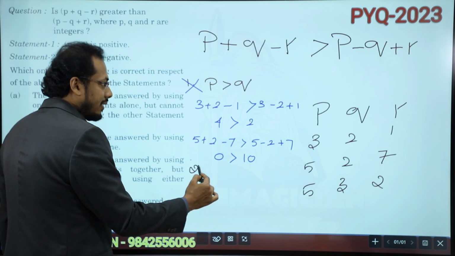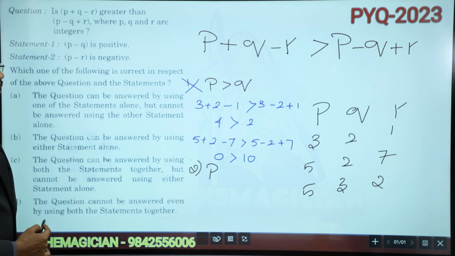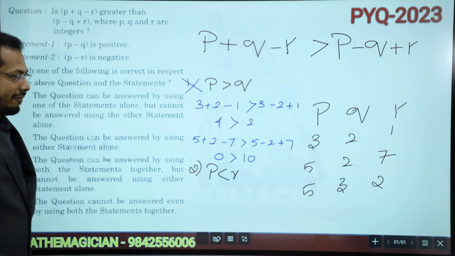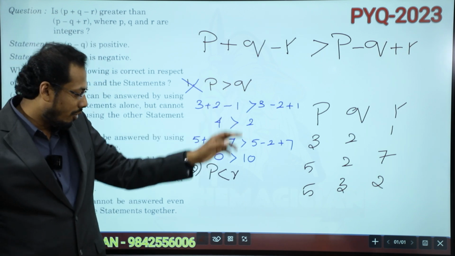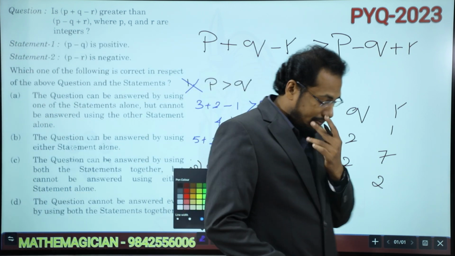The second statement says P minus R is negative. That means P is less than R, then only it should be negative, right? So write some combinations again.